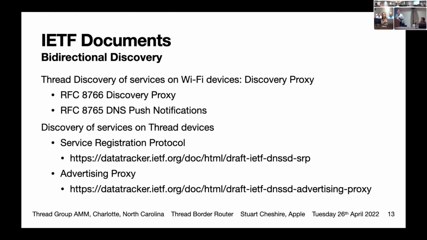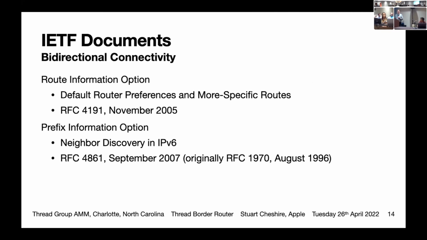We also have drafts in their final stages for service registration and advertising proxy. For the bidirectional communication, these are RFCs from more than a decade ago, and those were mature, well understood, already implemented in current operating systems. So that was just a matter of making use of things that were already there.